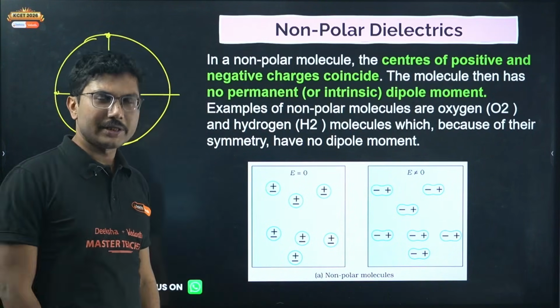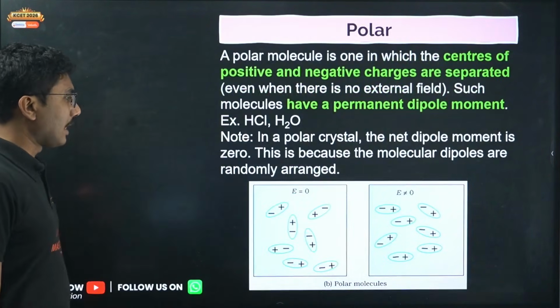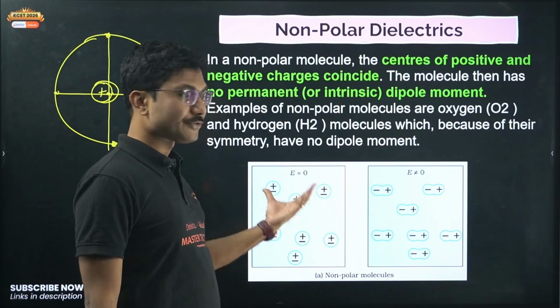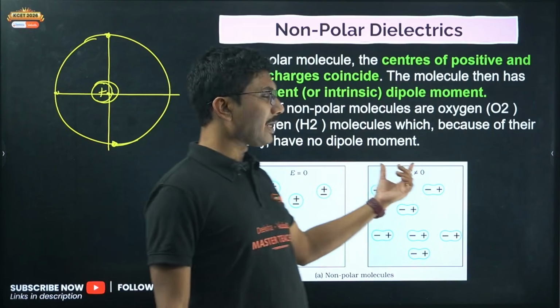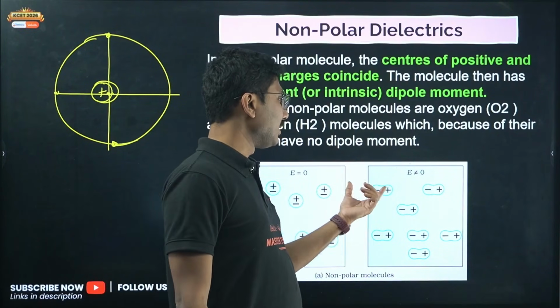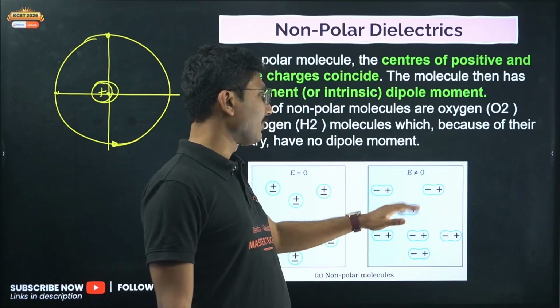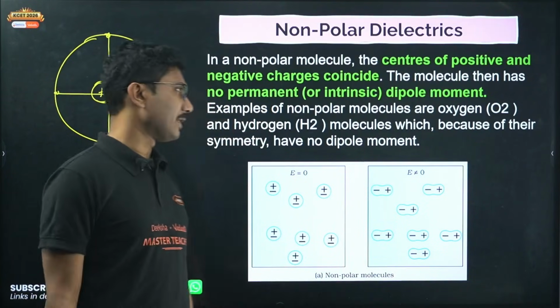Even carbon dioxide is a non-polar dielectric. Next, if you see the electric field diagram, in the absence of an electric field, positive and negative are all located at the same place. If you apply an external electric field, positive and negative separate because of the effect of the electric field, and they reduce the external electric field to some extent.